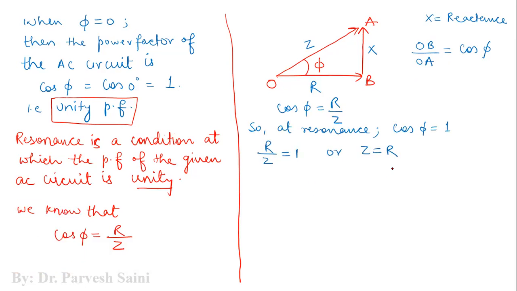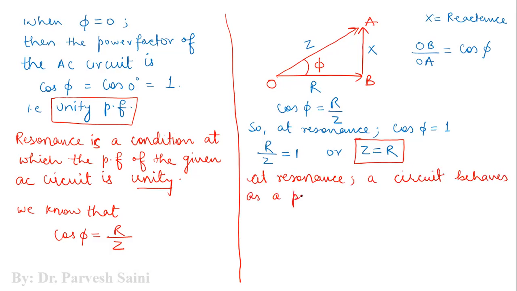It means that at resonance, a circuit behaves as a pure resistive circuit.